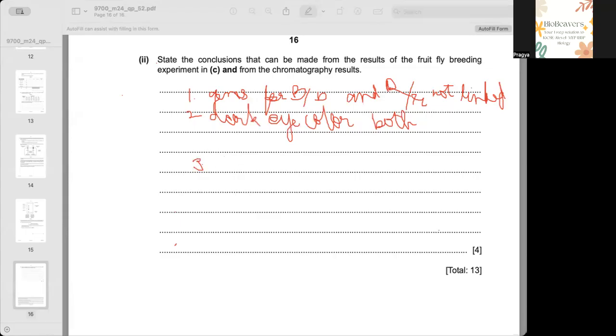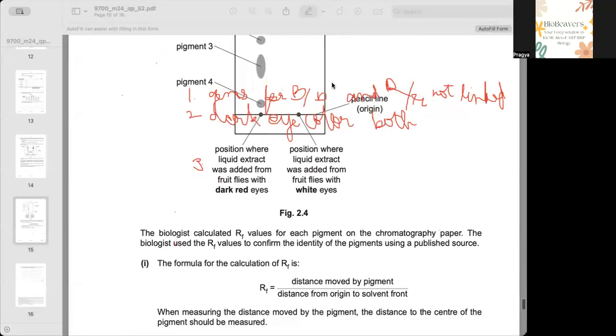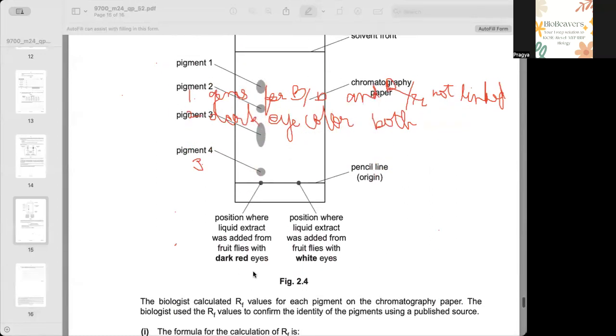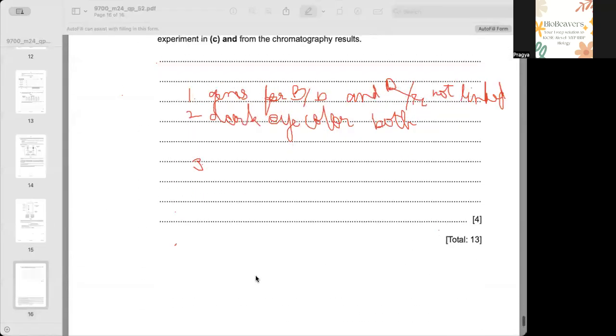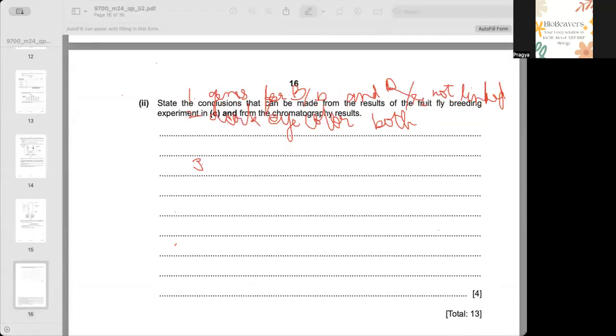During our chromatography experiment, if you look very carefully, we can see 4 of the pigments in the dark red eyes. So the first point from chromatography is that our dark red eyes have all 4 pigments present in them.